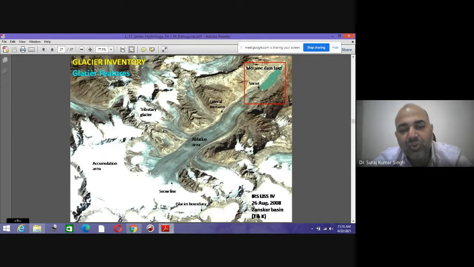Once you know how ablation areas and lateral moraines look, what the snow line looks like, it will be easier for you to differentiate the snout, the ablation zone, and the accumulation zone.